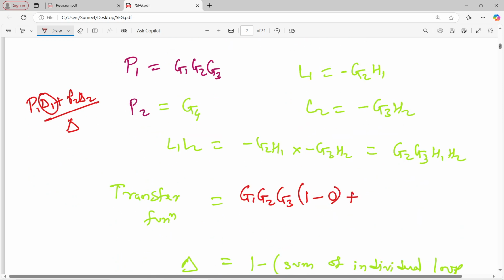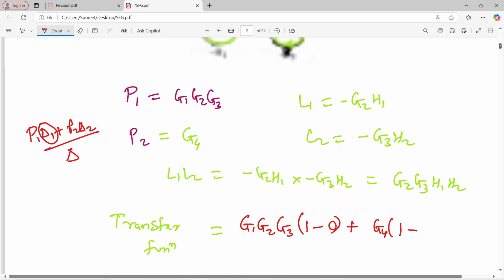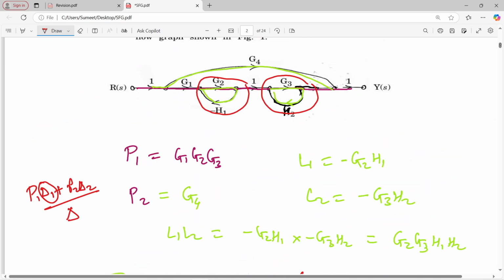Now coming to P2. P2 is G4. Again, what is the value of delta 2? 1 minus. Now we will see whether the loops are touching forward path P2 or not. So this is our forward path P2. As you can see, this loop and this loop are non-touching to the forward path P2.